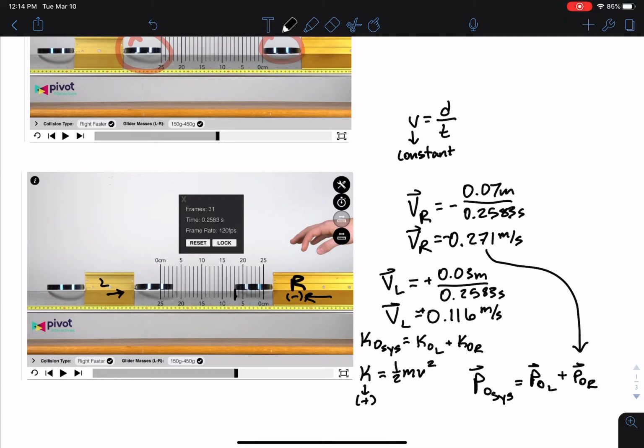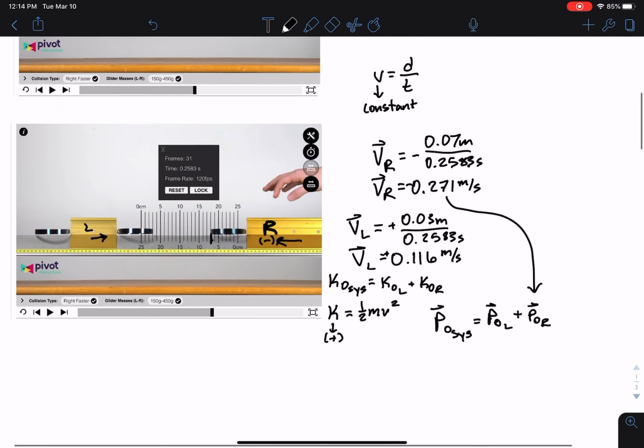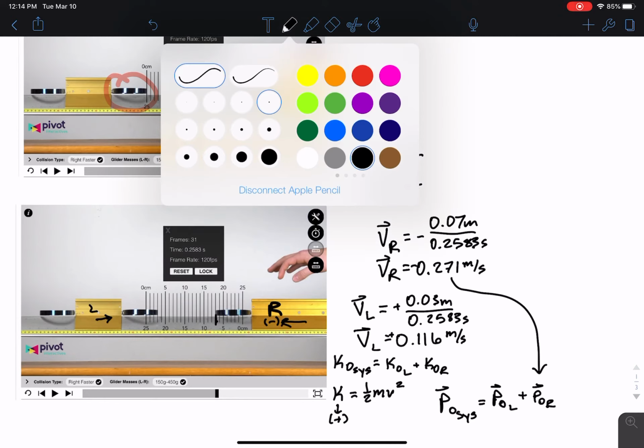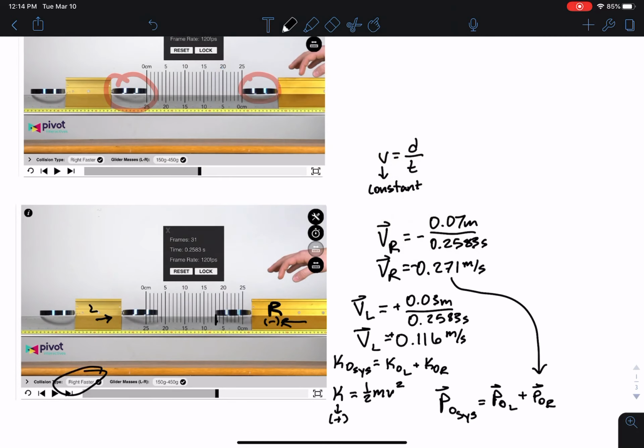So you add these numbers together, but the negative momentum of the right cart deducts from the momentum of the left cart, giving you the total momentum of the system. Those are the values you should be getting for this particular setup, with the right cart faster in the 150 to 450 gram configuration.